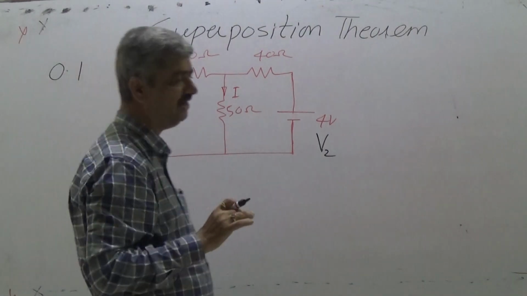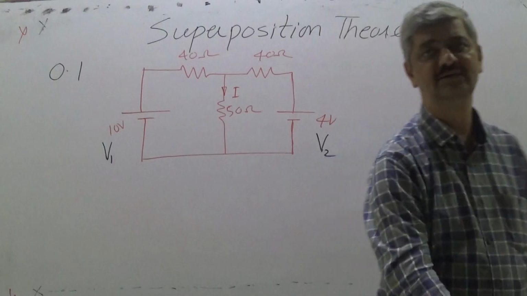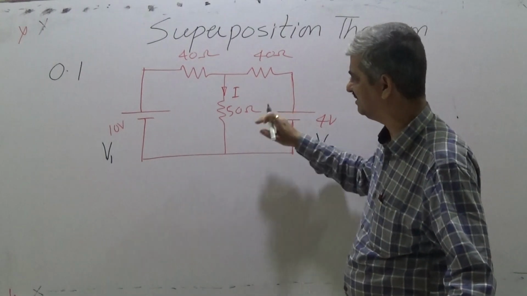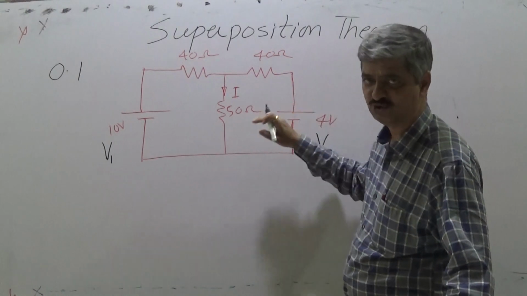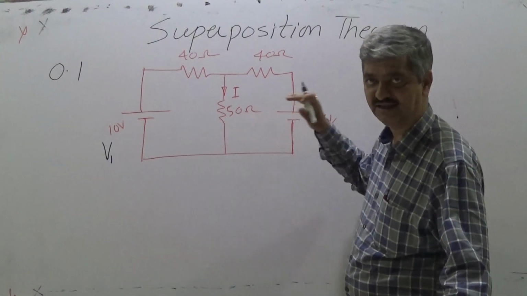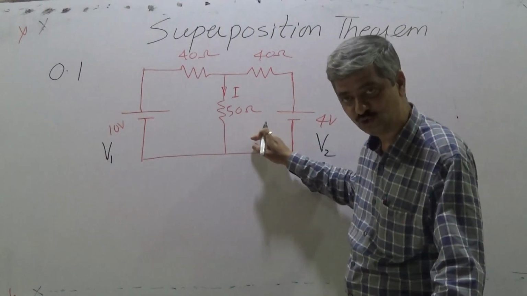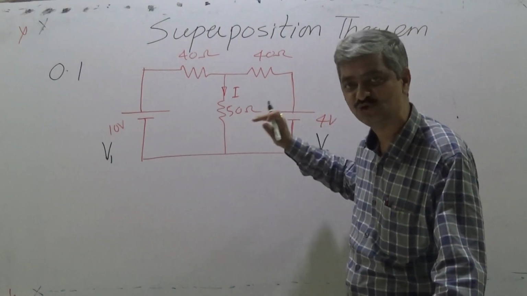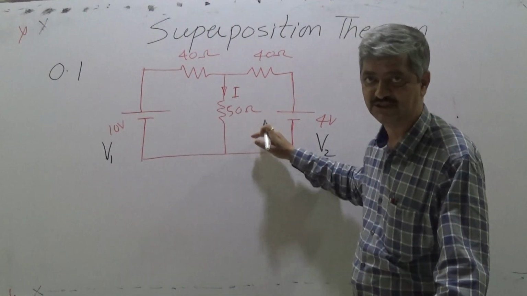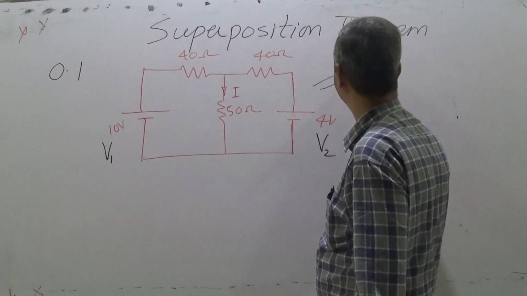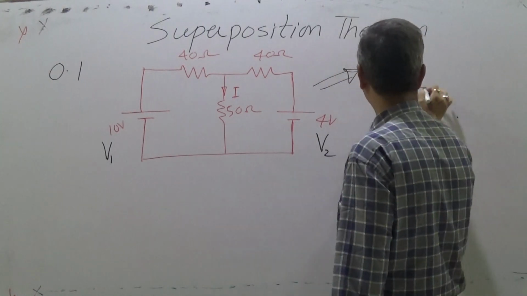Now we just verify it by drawing two circuits for the given circuit, with one voltage source acting at a time and the other being replaced by a 0-volt voltage source. 0-volt voltage source is a short. So it becomes somewhat simpler.